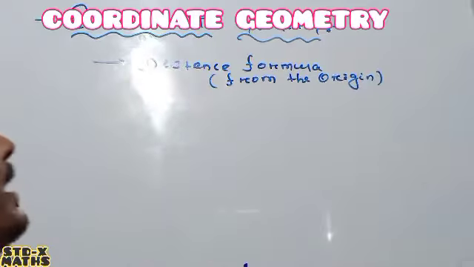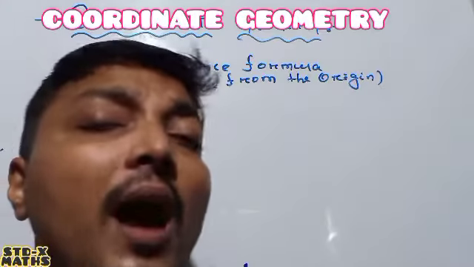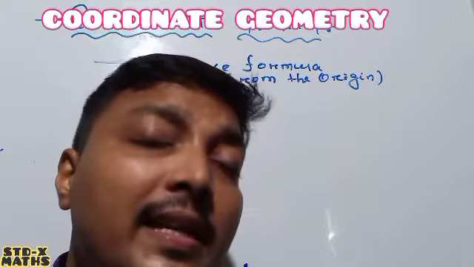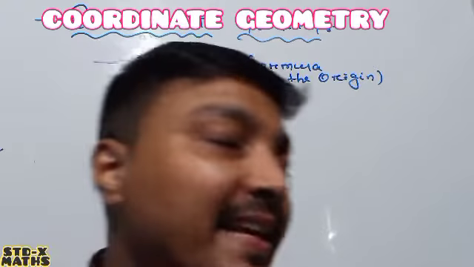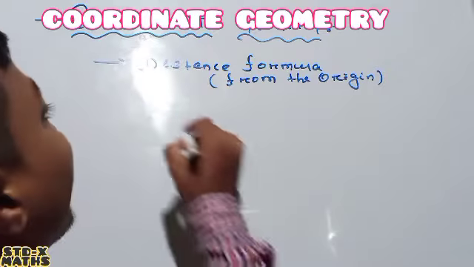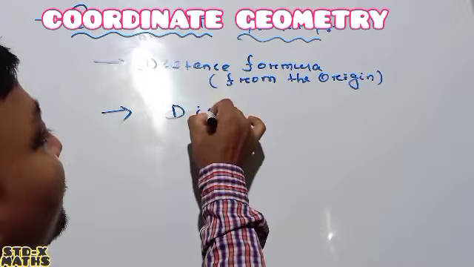If a point is given, how do we find the distance of that point from the origin? The second point is the distance between 2 points.